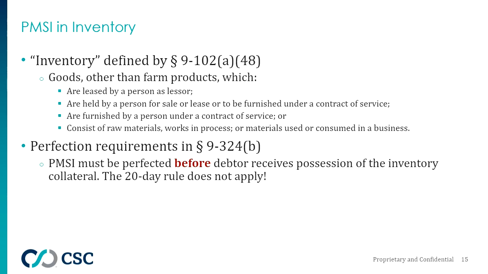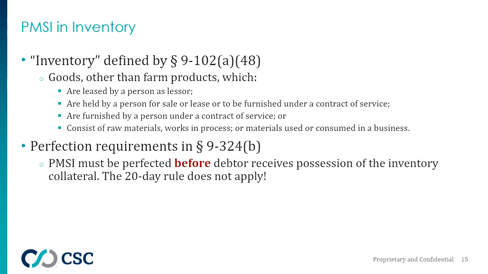But they're goods that are leased by the person as a lessor. They're held for sale or lease, or to be furnished under a contract of service. So in other words, replacement parts and things that are being held under a contract, consumables.